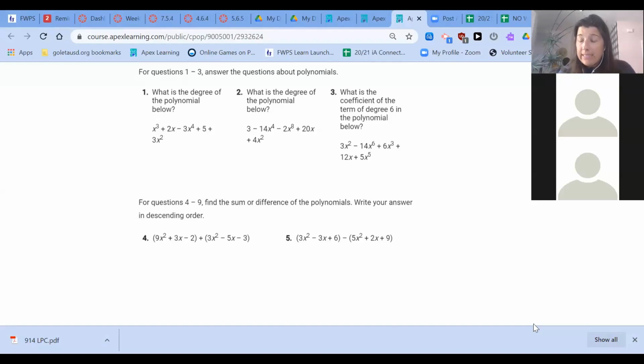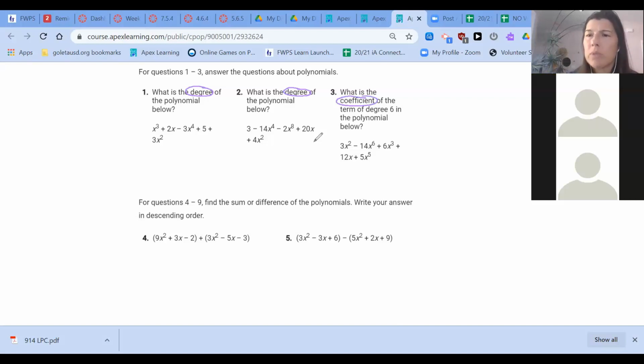Okay, so Malachi, go ahead and take a minute, go through your notes, refresh your memory on the degree of polynomials, and then also coefficients. Those were some vocabulary words. Okay.